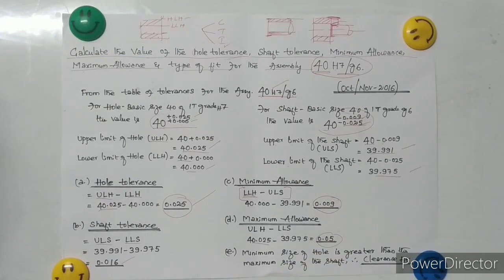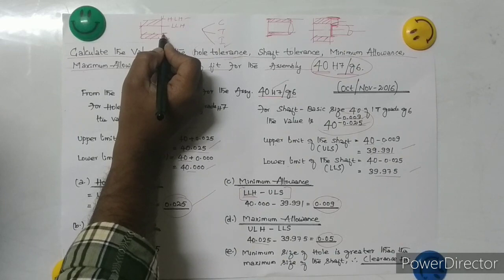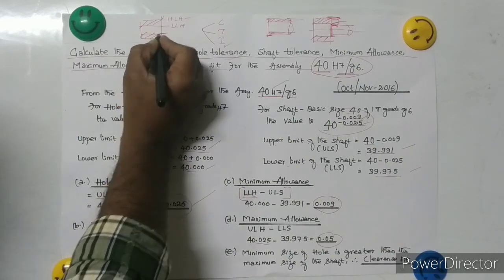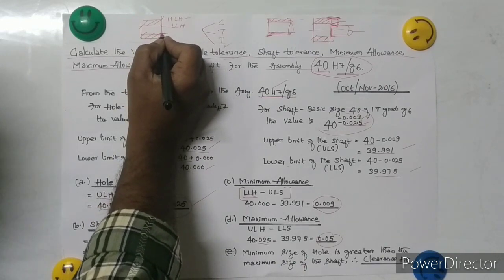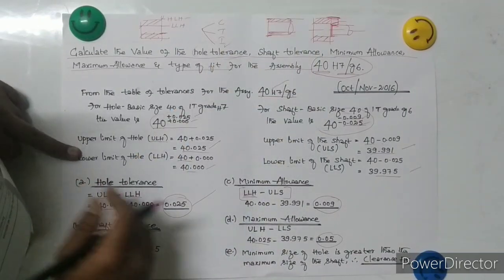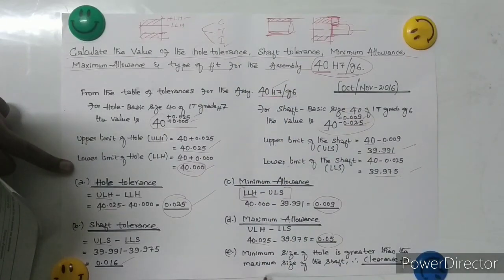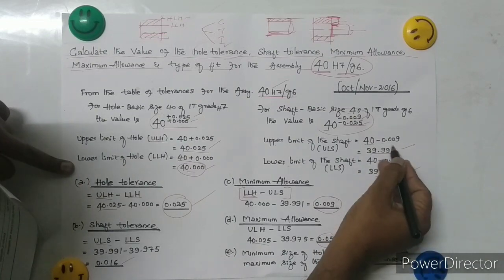Now we have to tell what type of fit it is. As per the basics we know, if the lower limit of the hole is more than the upper limit of the shaft, the lower limit of the hole is 40 and the upper limit of the shaft is 39.991.